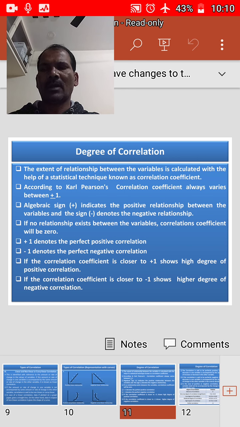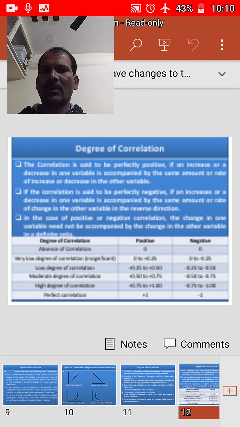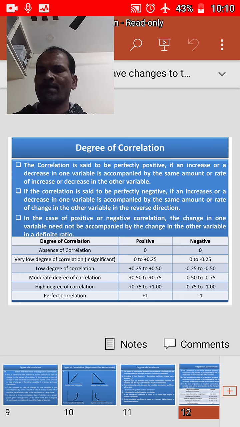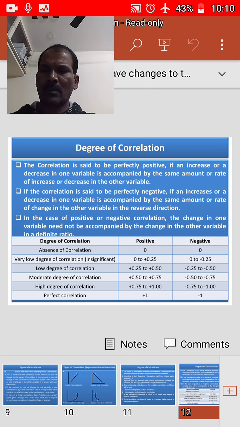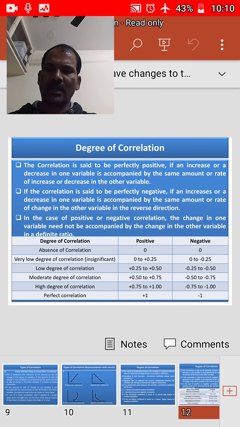On the other hand, correlation is said to be perfectly negative if an increase or decrease in one variable is accompanied by the same rate of change in the other variable in the reverse direction.